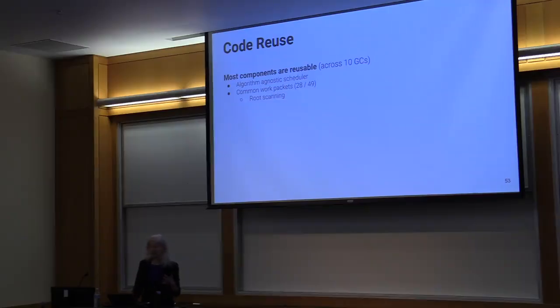All right, so what are the common work packet designs? Root scanning, marking and evacuation, mark table sweeping, stopping and resuming mutation. Things you would expect that you should be able to share across all these collectors. Each GC needs to declare its work packets and any dependencies they have, the data dependencies and the control dependencies.